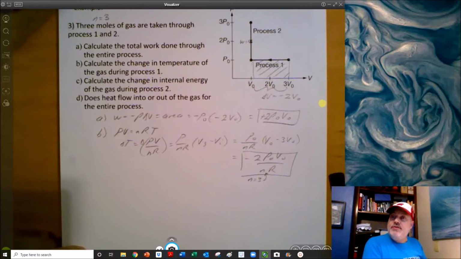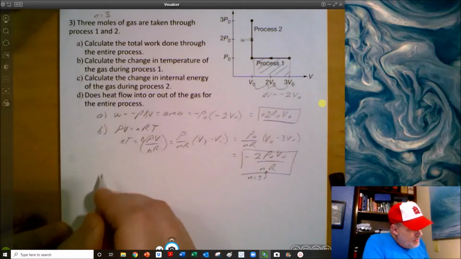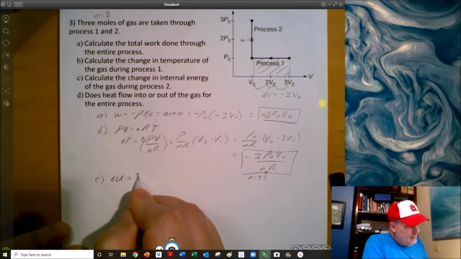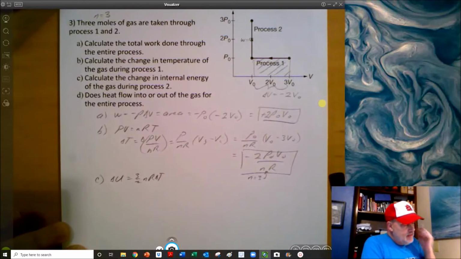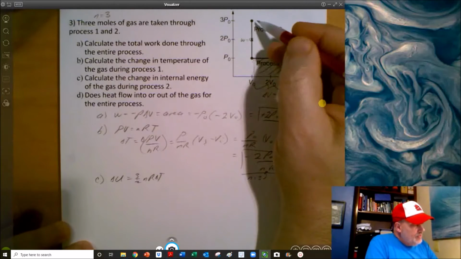Okay, part C says calculate the change in internal energy of the gas for process 2. All right, so change in internal energy is 3/2 nR delta T. And this one is for process 2, so we're going from here to here.